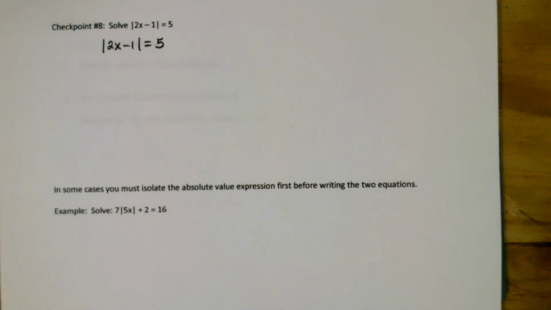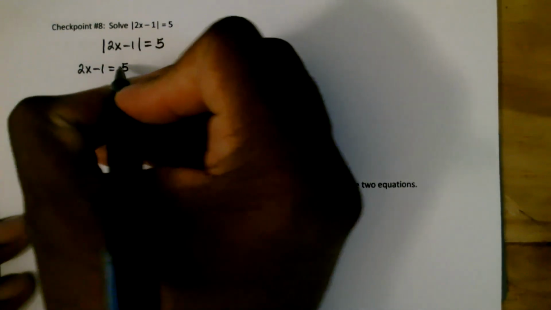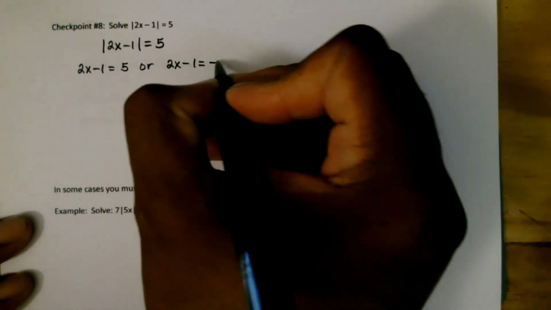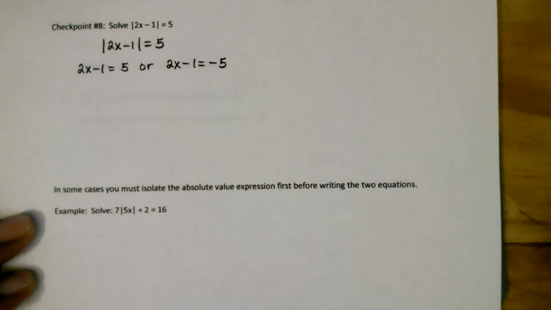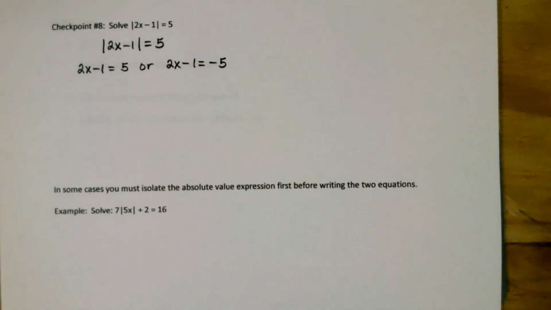So here, the absolute value is by itself, so that means we can go ahead and write out two equations. That first equation is 2x minus 1 is equal to 5, or 2x minus 1 equals negative 5. And each equation we will solve for x.